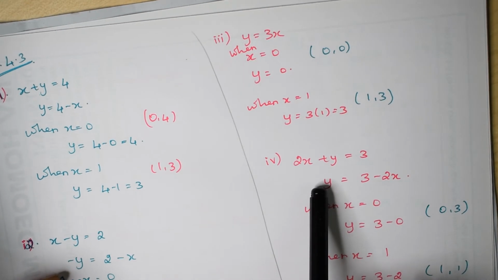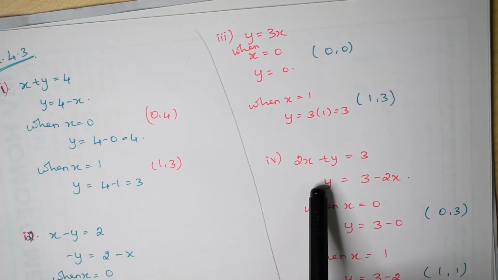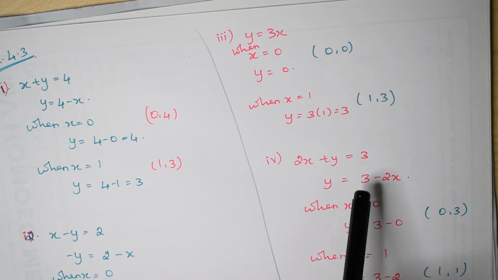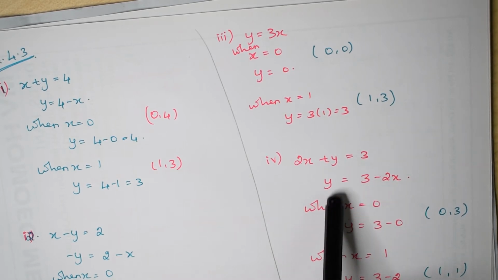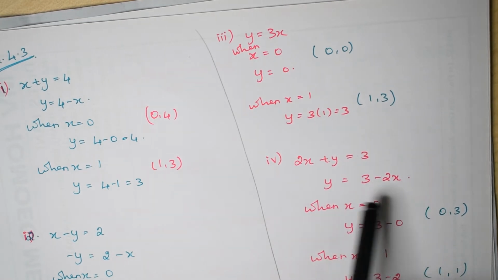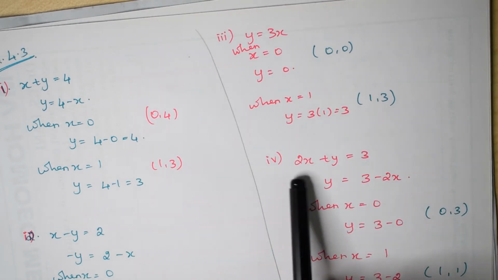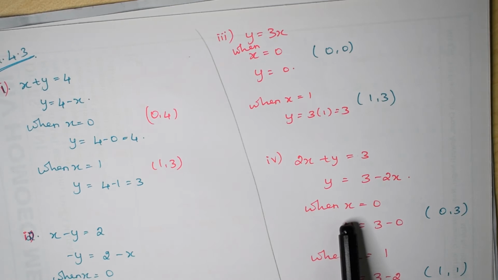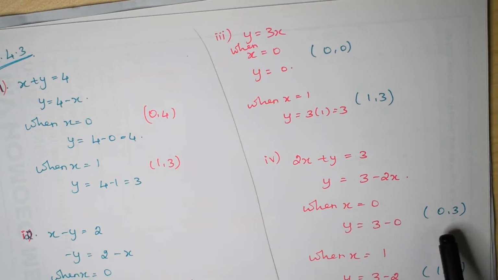The last equation, the fourth equation, is 2x plus y is equal to 3. Again I am keeping y alone on the left hand side and bringing all the other terms to the right hand side. The equation becomes y is equal to 3 minus 2x. For different values of x, when x is 0, y's value is 3, and the coordinate is (0, 3).